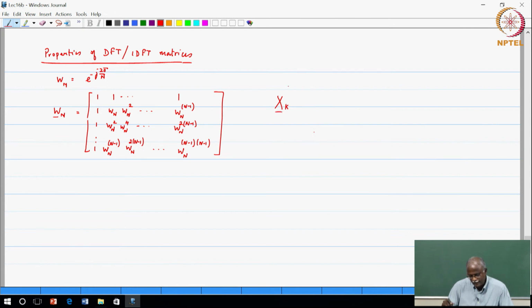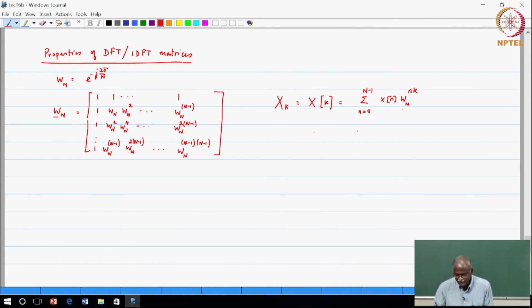X of k, this can be written as a summation. No, this is not a matrix, this is a scalar. This is the summation from n equal to 0 to n minus 1, it is an n point DFT, x of n times Wn^(nk).